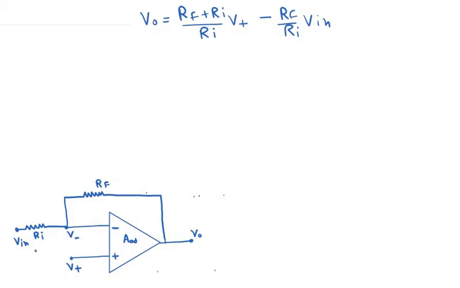Now instead of writing this as V in and V plus, let us write down these two voltages as V1 and here as V2. So then we can write this output voltage as RF plus RI divided by RI V2, and this V in over here can be replaced by V1.